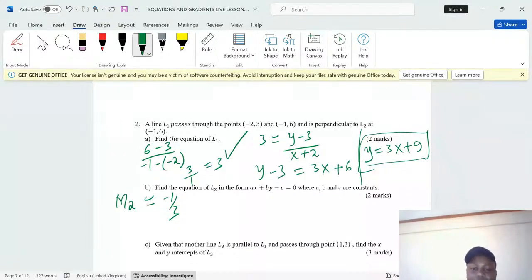Because now the line is passing through (-1, 6), we can again express the gradient. Change in y will be y minus 6 out of change in x, x minus -1, which becomes x + 1.